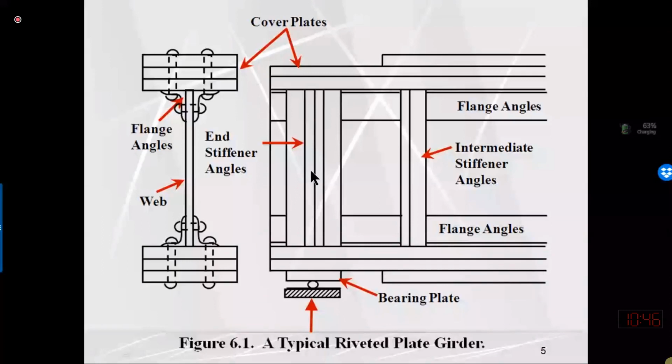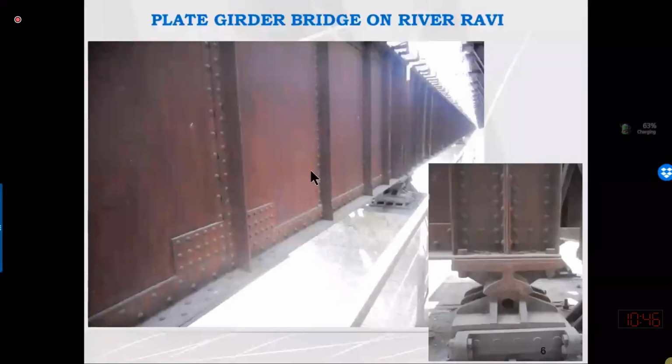Okay, here this is the typical plate girder, riveted. So this picture I have taken at River Ravi. So here you can see that this is a typical plate girder. A bottom section is an angle section.